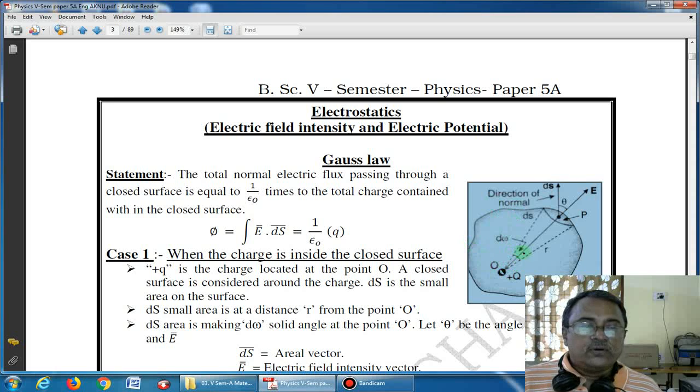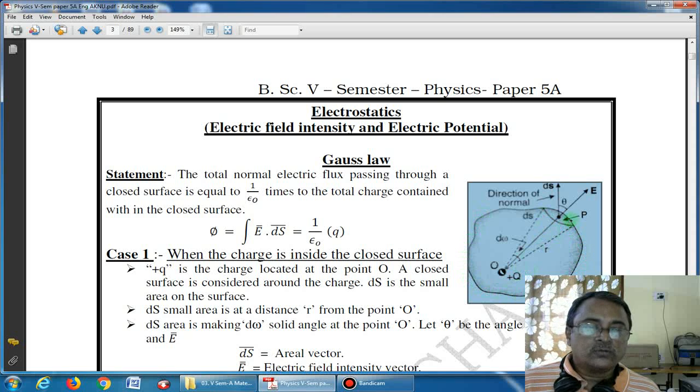And if that flux is perpendicular to the surface, then it is called the normal flux. So, the total normal electric flux means the electric field lines passing out through the surface from inside to outside when a positive charge is placed within the closed surface.